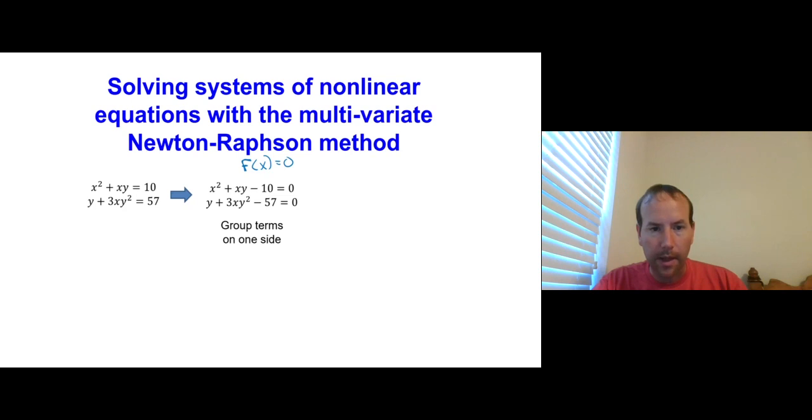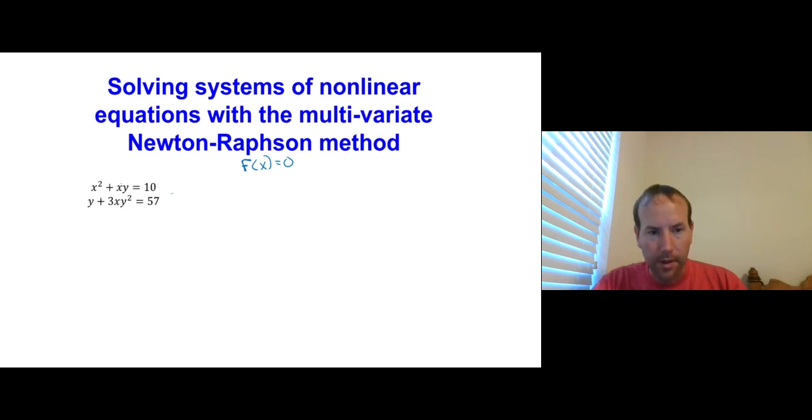So basically now we're going to look at how we can deal with systems of equations rather than just one equation. And so as an example, on the left we have two equations, x squared plus xy equals 10 and y plus 3xy squared equals 57.